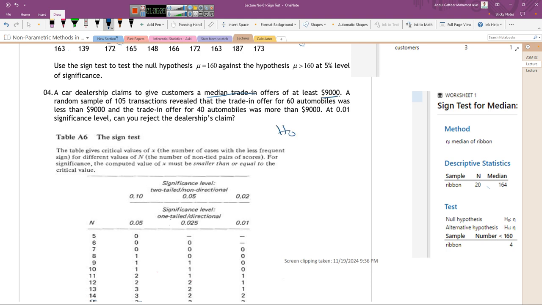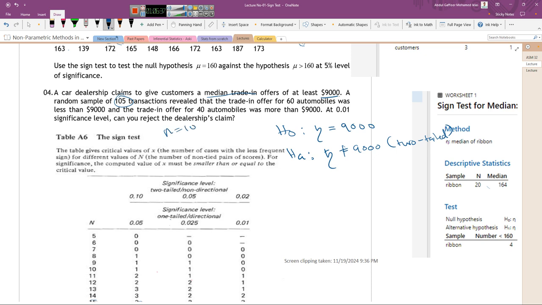So our H naught: eta is equal to $9,000. So HA: eta is not equal to 9,000. So this is a two-tail test, right? Now they are telling 105 samples, right?